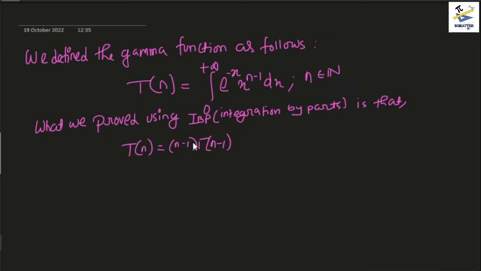So we saw that the gamma function can be defined recursively like that: gamma of n is basically n minus 1 times gamma of n minus 1.